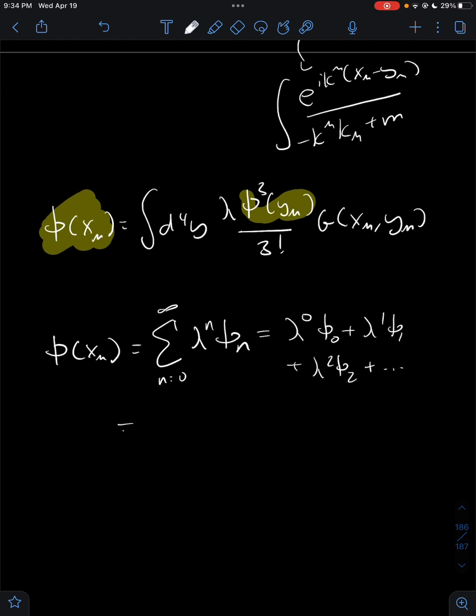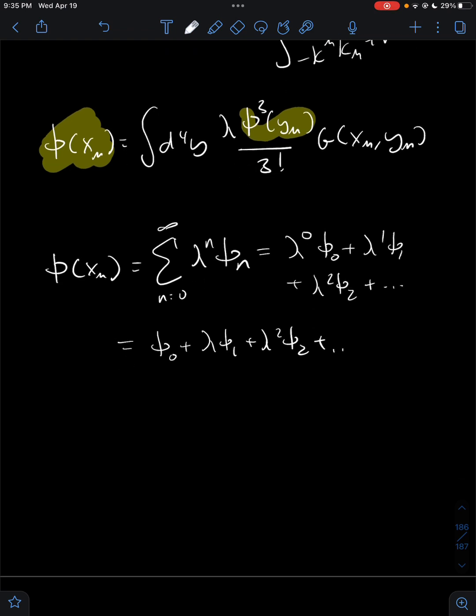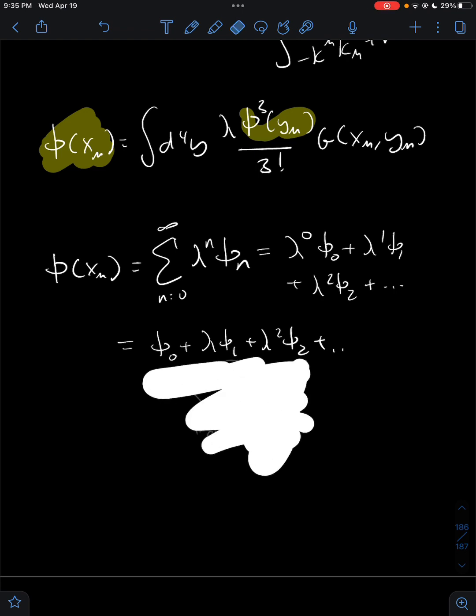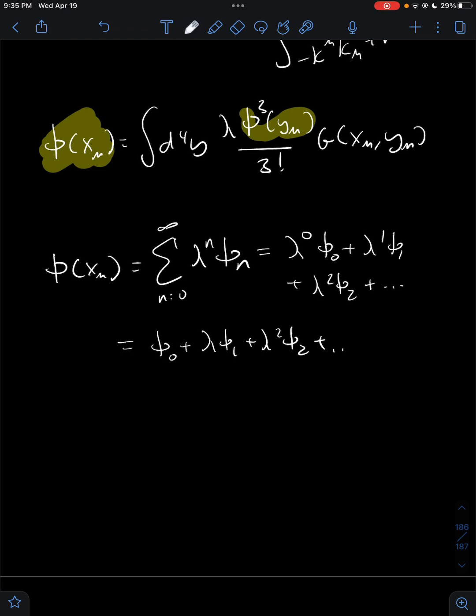So that comes down to being phi naught plus lambda phi 1 plus lambda squared phi 2, and so on. Where phi naught, phi 1, phi 2, and so on are just elementary functions that we're trying to superimpose together, assuming that we can write out phi in terms of a power series.